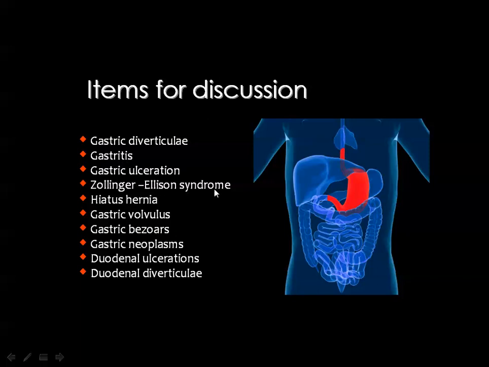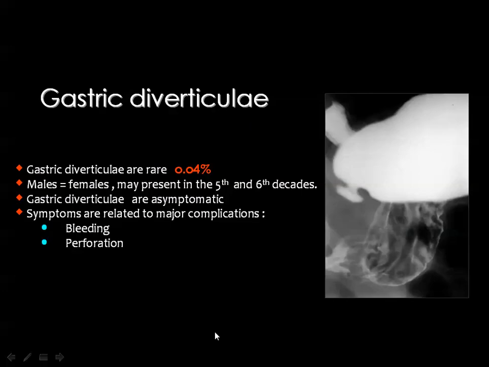The Zollinger-Ellison syndrome and hiatus hernia have been discussed with the esophageal sector. Gastric volvulus, gastric bezoars or foreign bodies, and the gastric neoplasms. We will also have a look at the duodenum, considering ulcerations and diverticulitis.